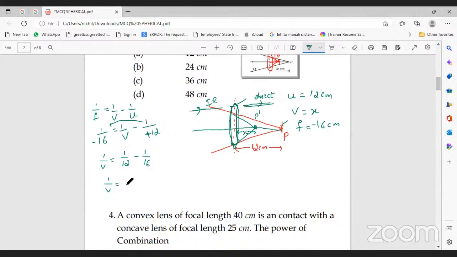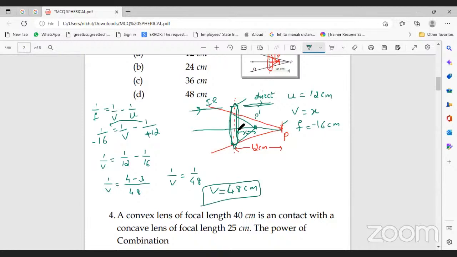So 1 by V equals, what about the LCM between 12 and 16? 48. 12 fours are 48, 16 threes are 48. So 1 by V equals 4 minus 3 by 48. So 1 by V equals 1 by 48. So V will be equal to what? 48 centimeter.